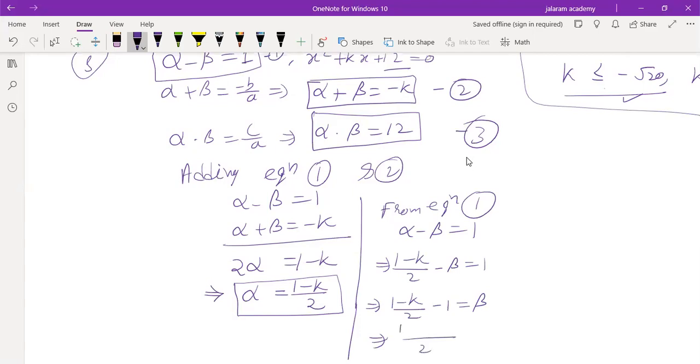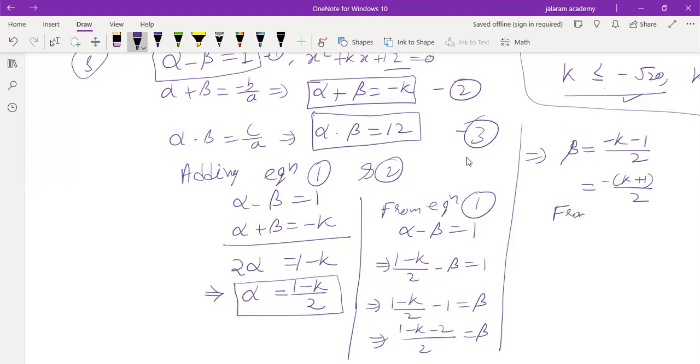LCM is 2. So 1 minus k minus 2 equals beta. It implies beta equals (minus k minus 1) upon 2. When we take minus common, (k plus 1) upon 2. Alpha is (1 minus k) upon 2. Beta is minus (k plus 1) upon 2.